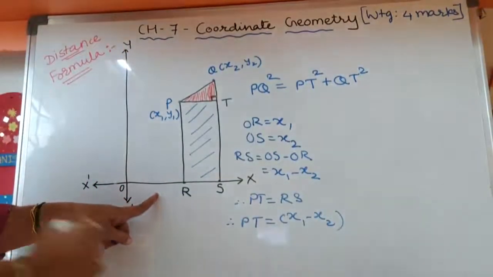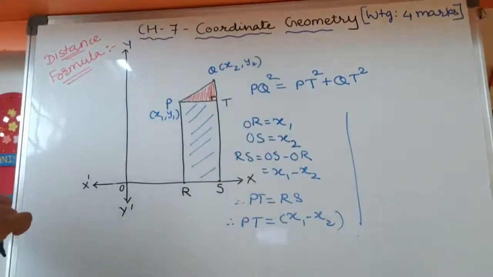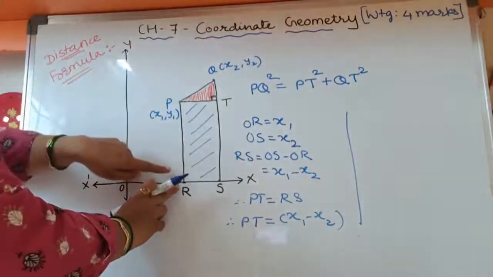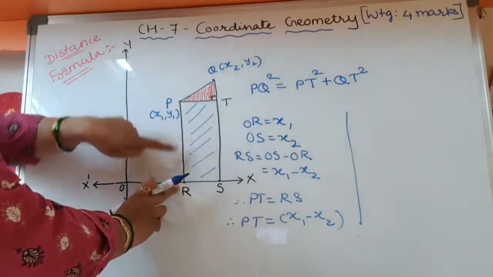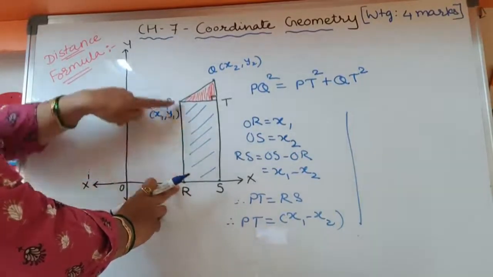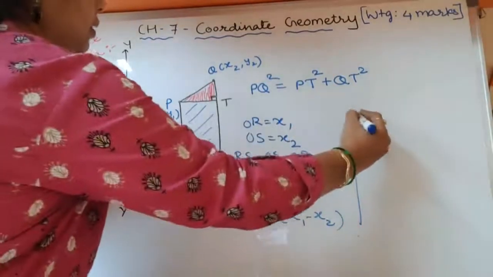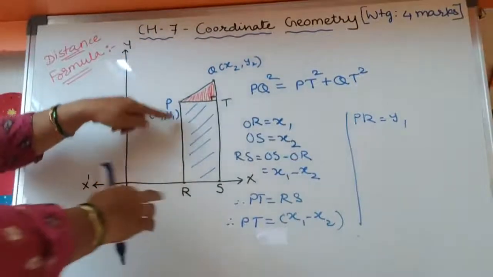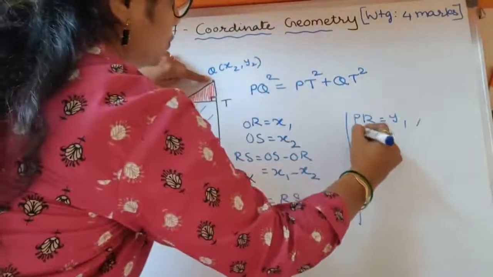Is it clear? Now similarly we have to take the values for the distance of a point from the x-axis. This height we call y1. So here PR is equal to y1 and QS is equal to y2.